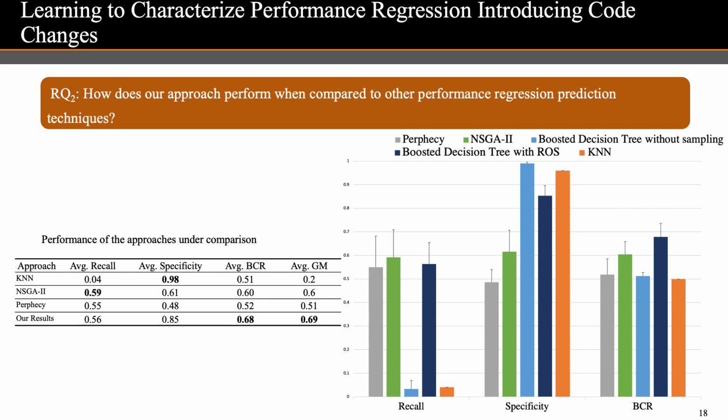Predictors included in the comparison are a rule-based deterministic approach named Perfecy, KNN as a traditional machine learning algorithm, and NSGA2, which is an evolutionary machine learning algorithm. The boosted decision tree classifier on the imbalanced dataset was performing right below or the same as the random classifier KNN in detecting the hit class.